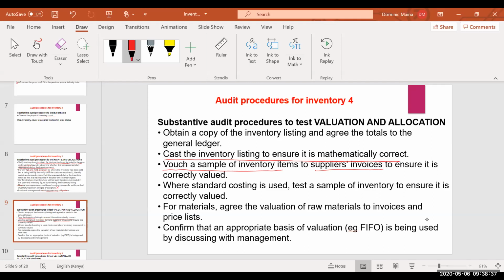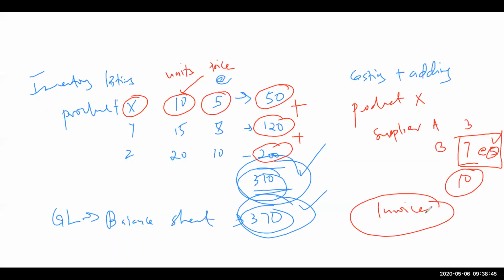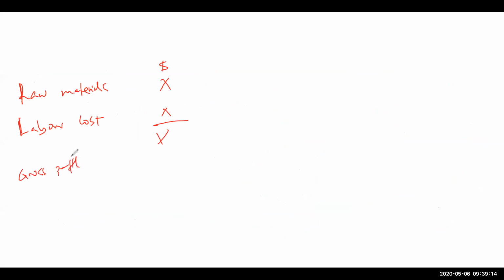So in case the company is involved in a manufacturing setup, let me go back to our board here. Again, you have the raw materials, X, in dollars, then labor cost, direct and indirect, which give the total cost of production. Then of course you can have the gross profit margin, and of course it's going to be the inventory value.